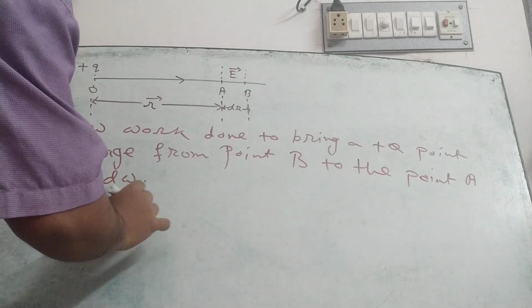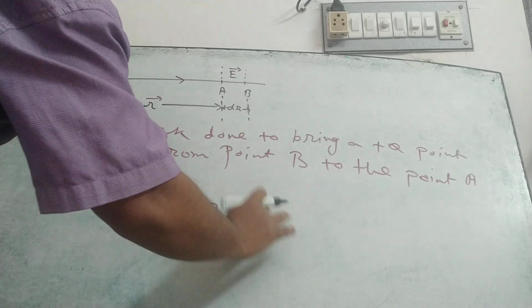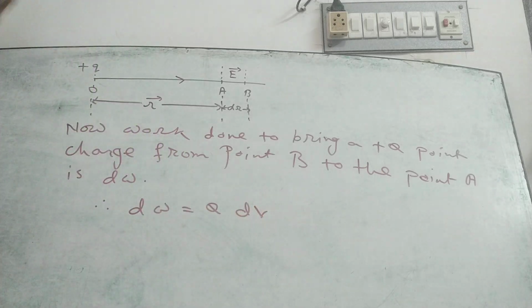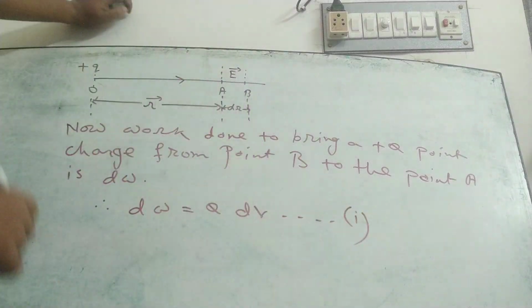So therefore, we know dW is equal to Q into dV, where dV is the potential difference between A and B. This is equation number 1.